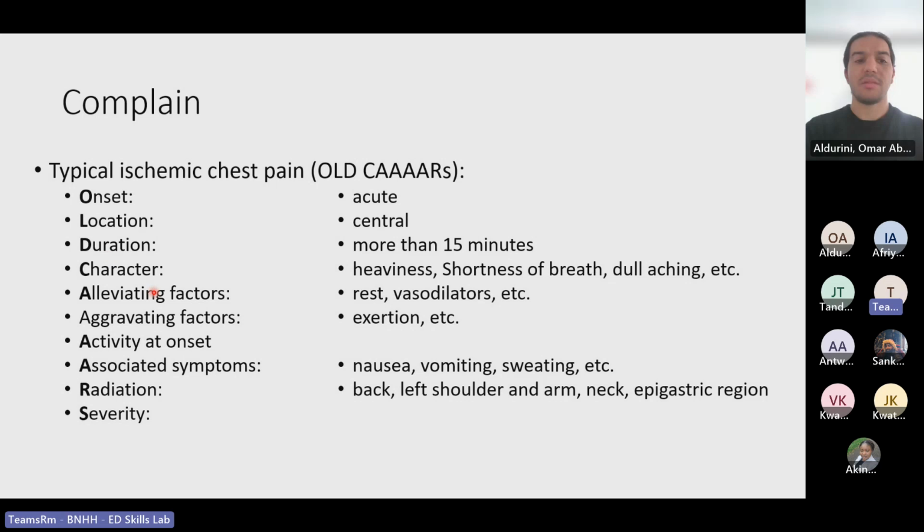Okay, in these settings, because pain usually activates the sympathetic system and makes the patient anxious. Anxiety will demand the heart to beat more, and we don't want this. We usually need the patient to be pain-free so he can rest, and we will decrease the demand for the heart to pump more blood and work more, and we don't need that.